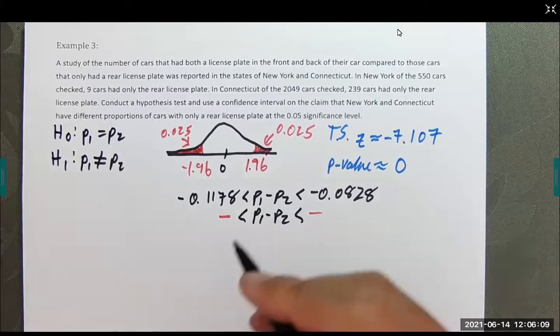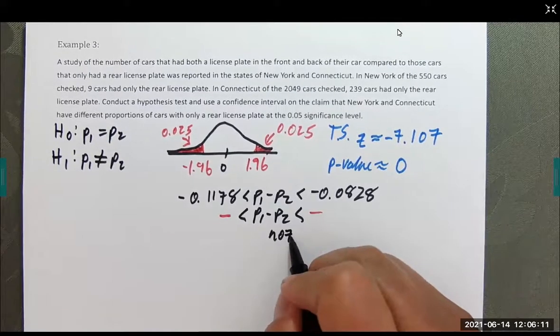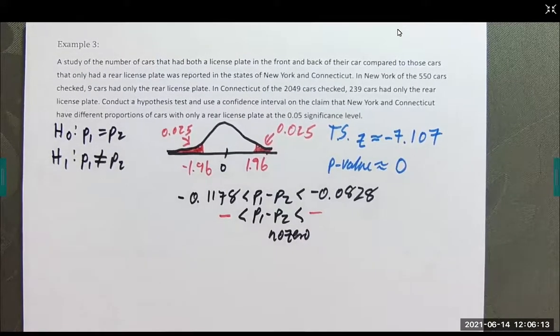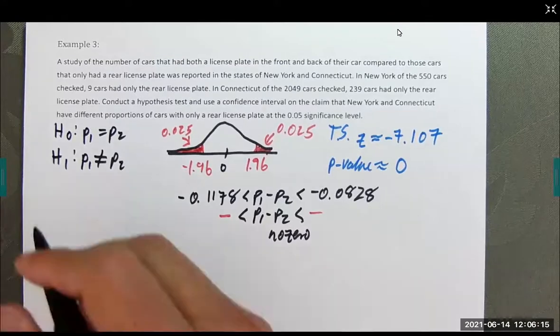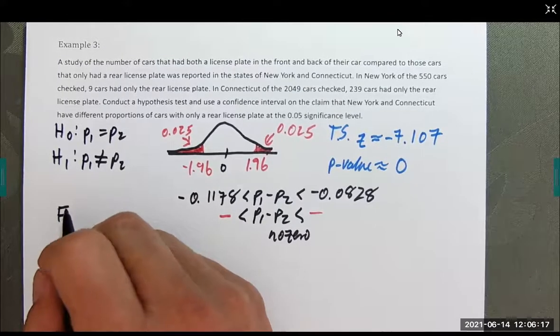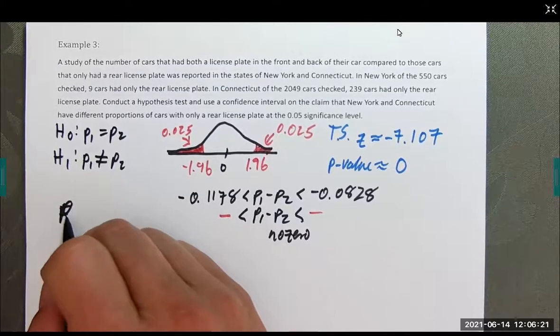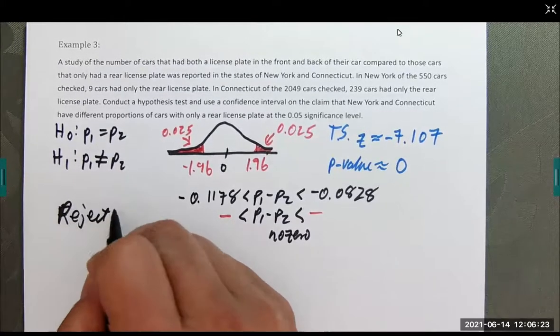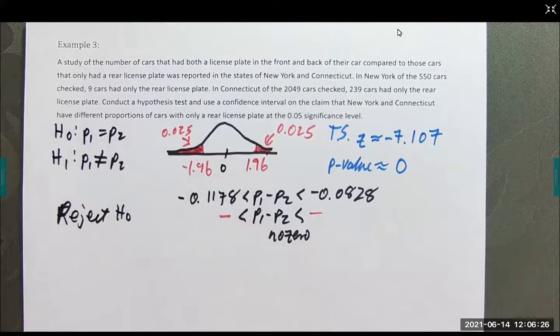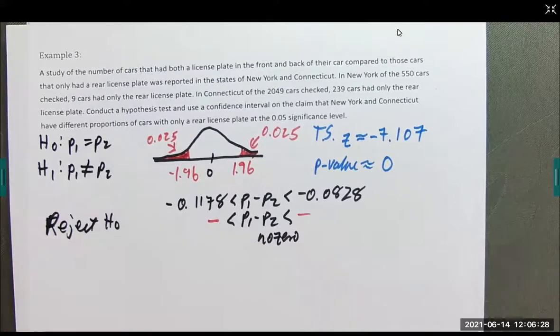So 0 is not in there. Either way, reject the null hypothesis. Meaning the proportions don't seem to be the same.